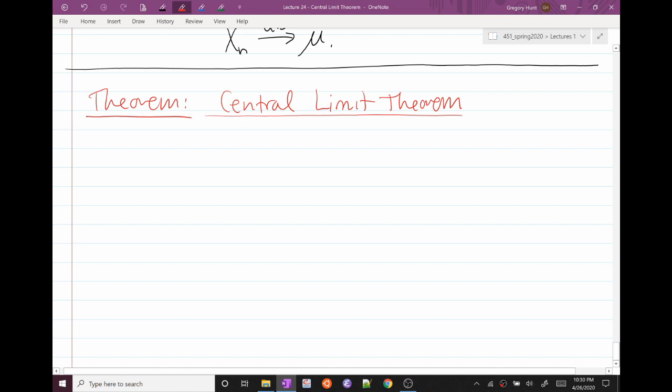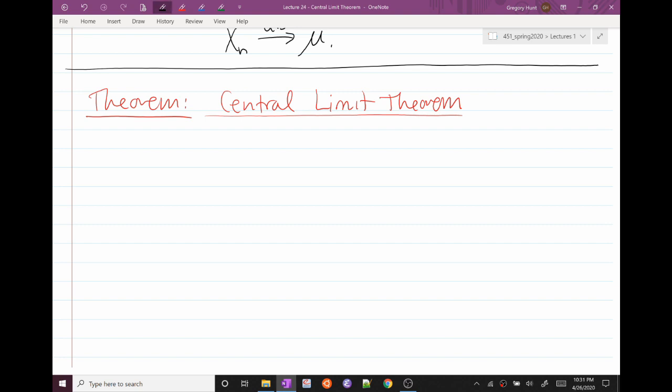And it basically tells you in what kind of distributional way Xn bar converges towards the mean. So you've seen it in, say, an intro stats course. Now we're going to write it out the correct way.